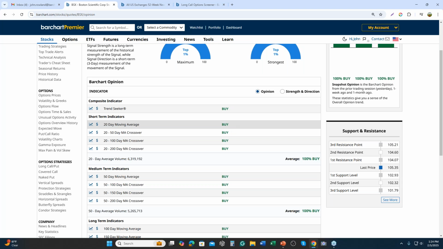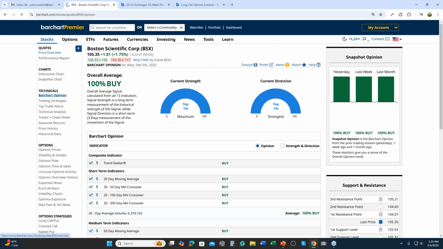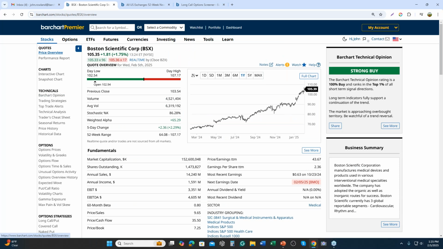So this could be a little bit more of a timing aspect, right? Correct. And it's great to have those confirmations from Barchart, because that helps you further narrow down your list of stocks.